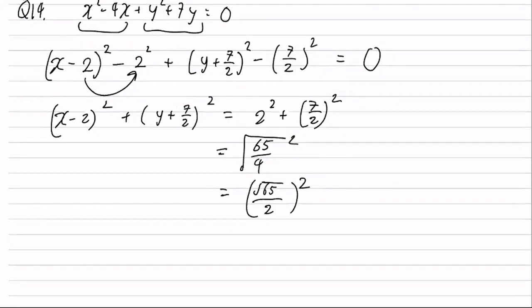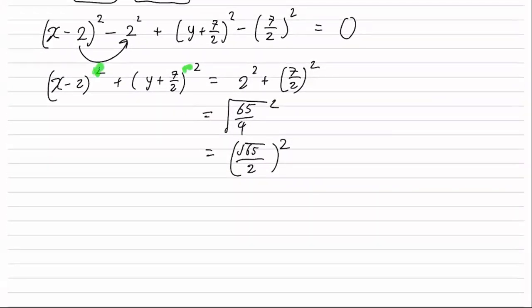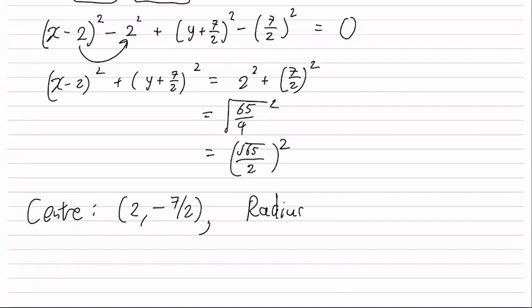So therefore, conclusion is something square plus something square equals to something square. Center must be 2 comma negative 7 over 2. Good. Radius. Square root 65 divided by 2. Make sure you have a square outside.